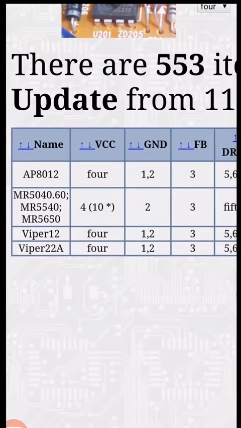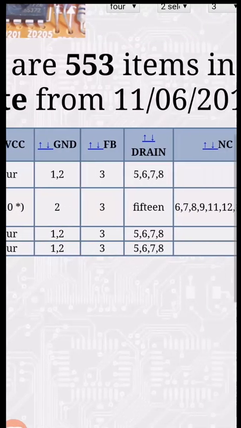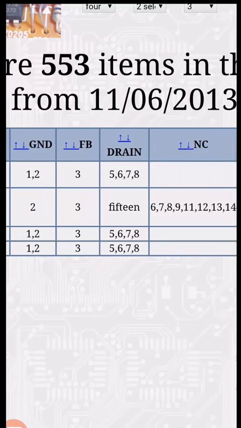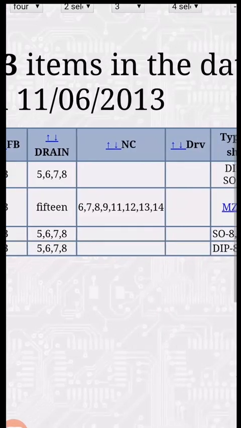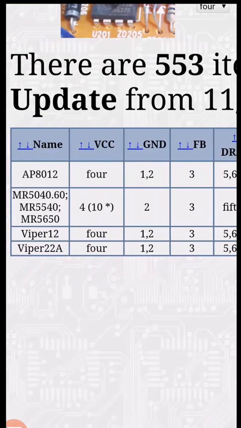In this condition we will find AP8012: pin number 4 VCC, pins 1 and 2 ground, pin 3 feedback, 5, 6, 7, 8 drain pin. Then we can find MR5040-60.